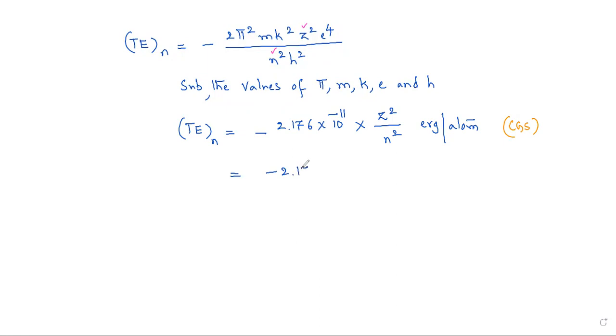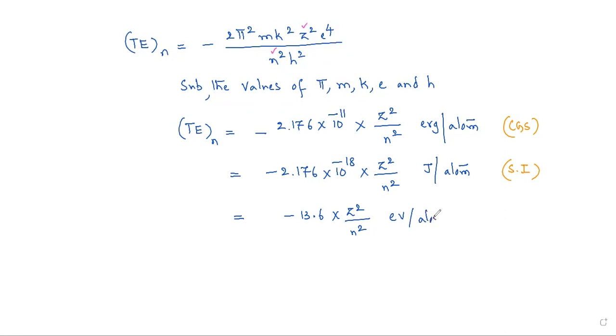Now the same thing can be written as minus 2.176 into 10 power minus 18 z square by n square joule per atom. So this is in SI system. Now this is equal to minus 13.6 into z square by n square electron volt per atom.